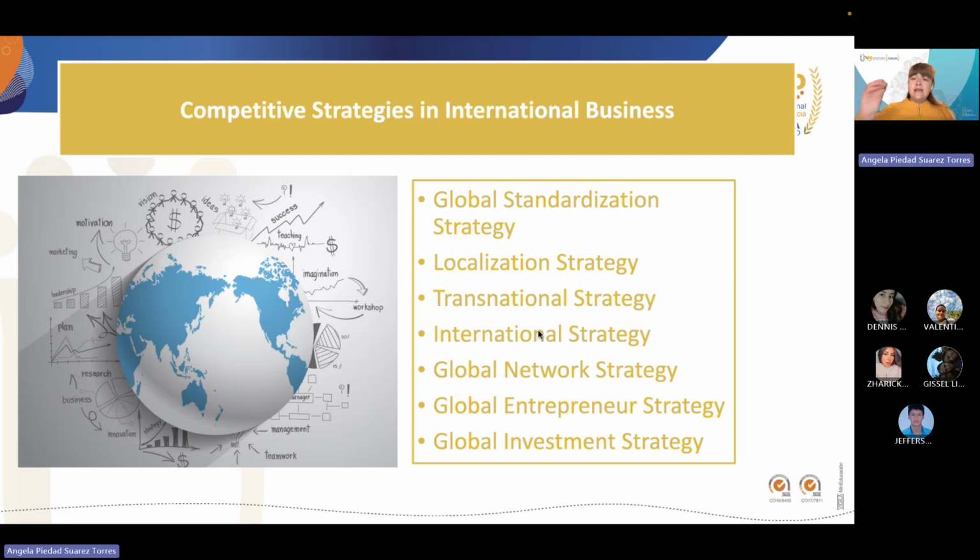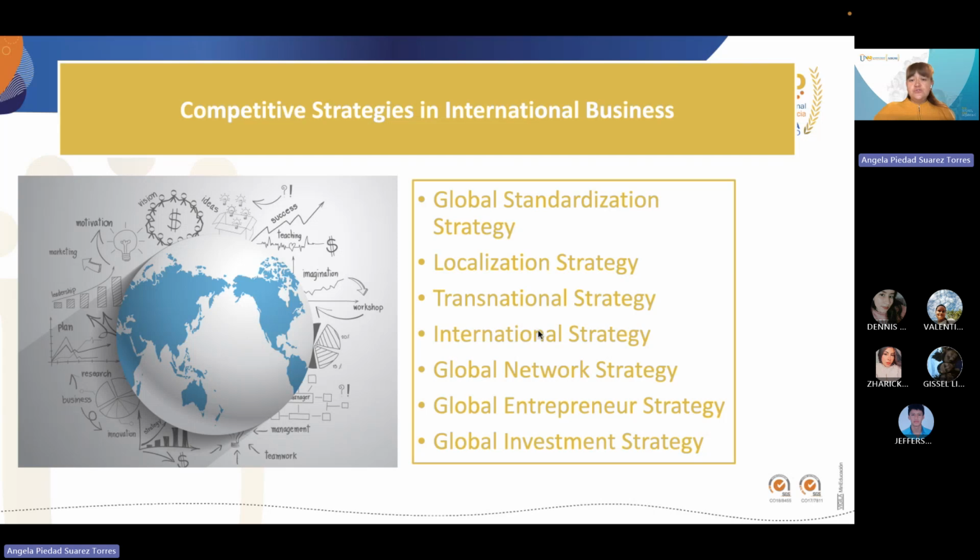So there is a need of semiconductors. There are some companies in the world that produce them, and they produce them at a low cost. So the competition is very high, and they're going to compete more on price in the international market.